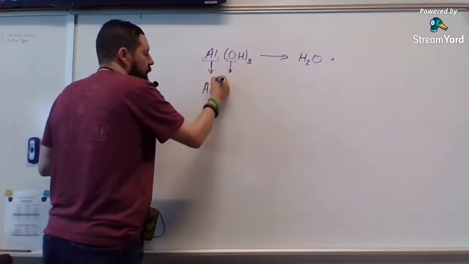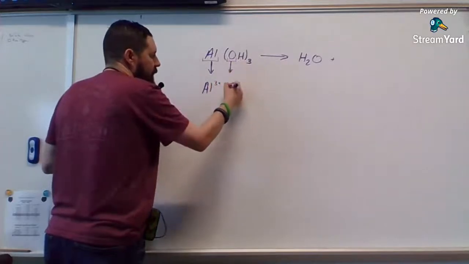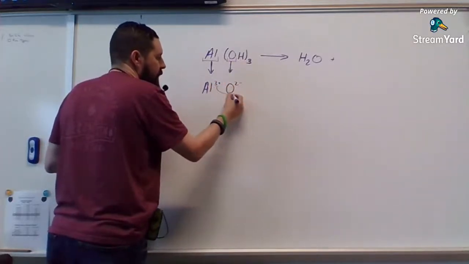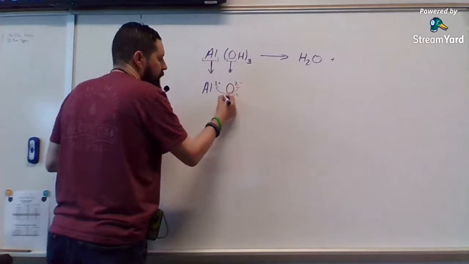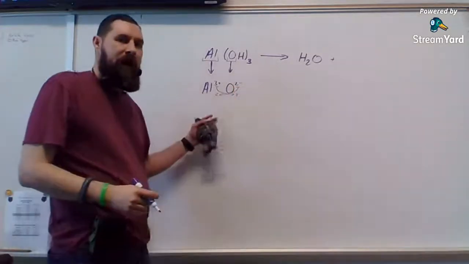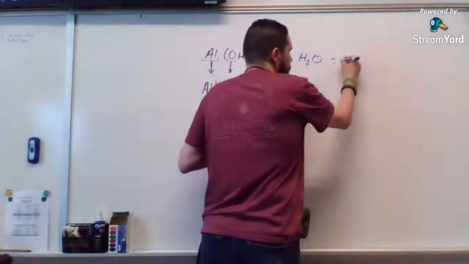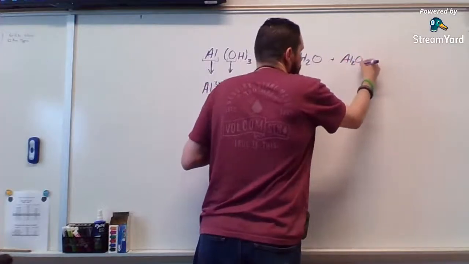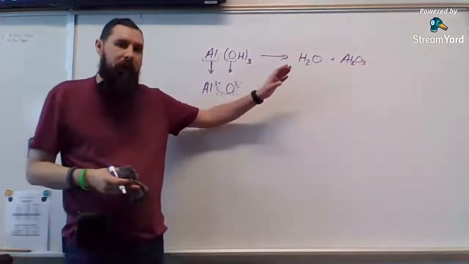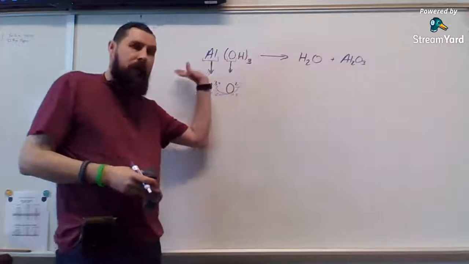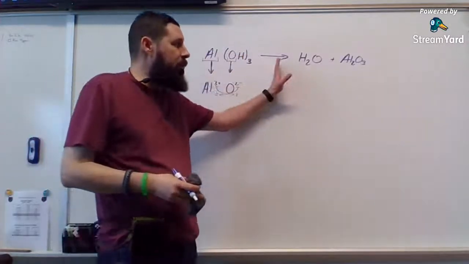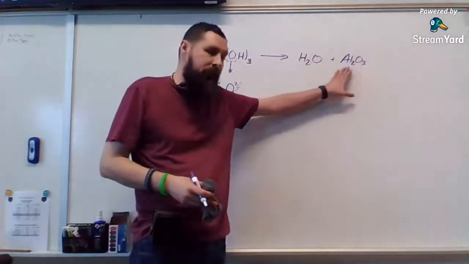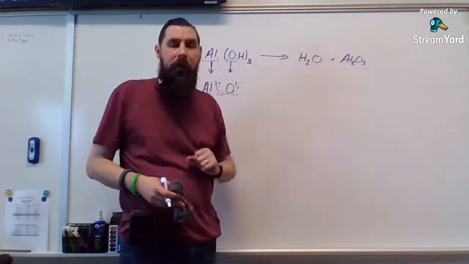So aluminum as a 3 positive, oxygen as a 2 negative. Cross down those charges, and we get Al2O3 as our metal oxide. So again, metal hydroxide decomposes always into a metal oxide and water.